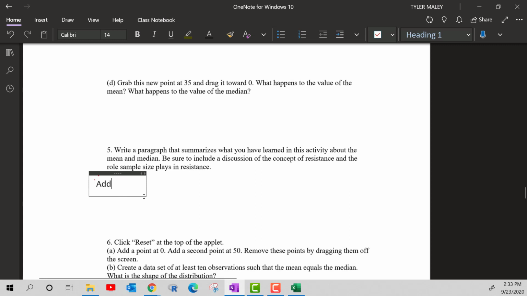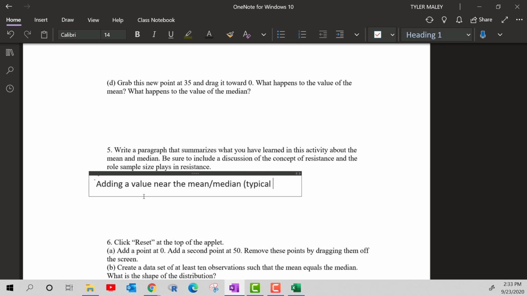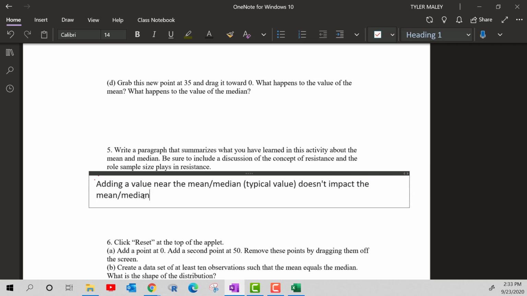So we could say something like, adding a value near the mean/median, what we call the typical value, doesn't impact the mean/median that much, right?